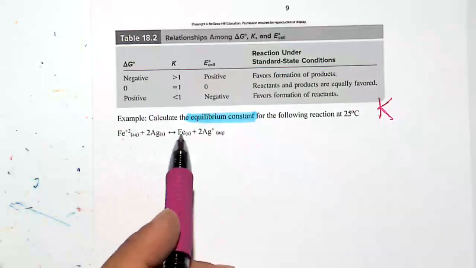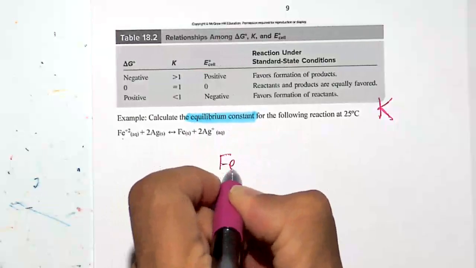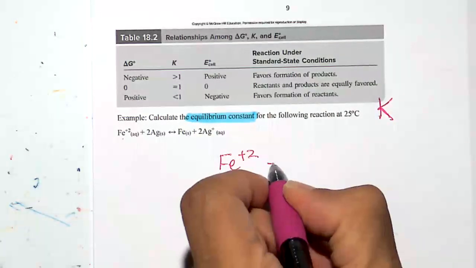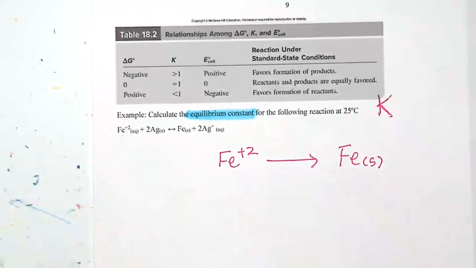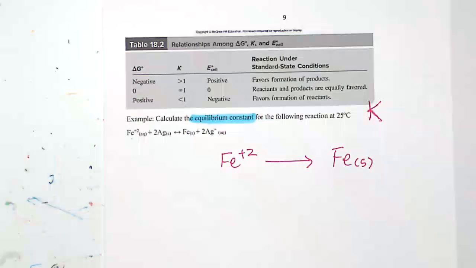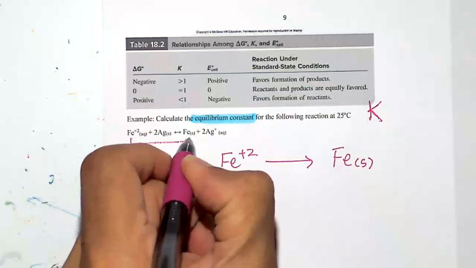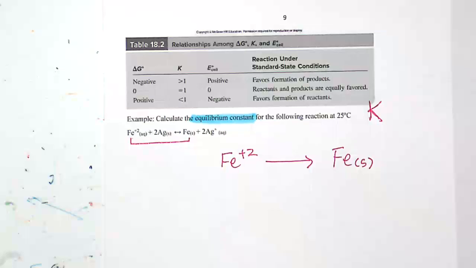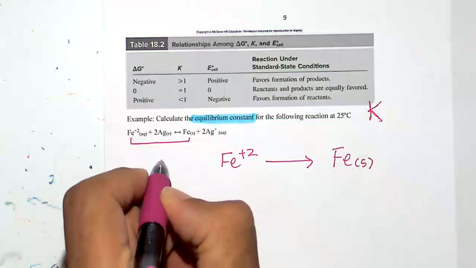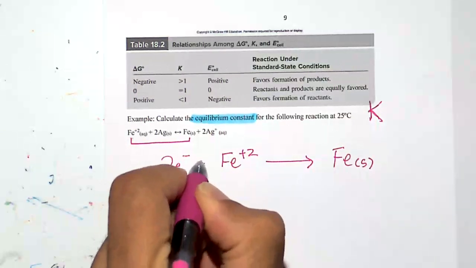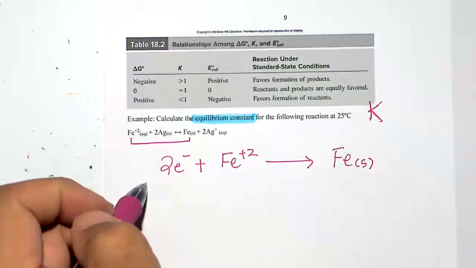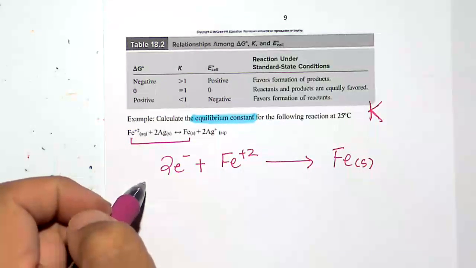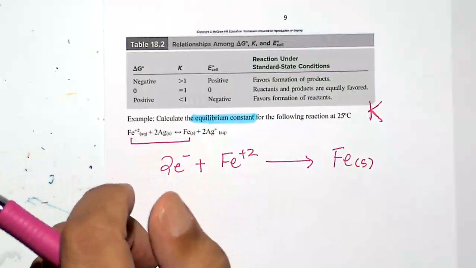All right, so here we have Fe plus 2 going to Fe solid. How many electrons and where should I put them to balance this equation? 2 electrons, and where? Very good, reactant side. So this will balance out my ions and it will balance out my charge. Is this oxidation or reduction?